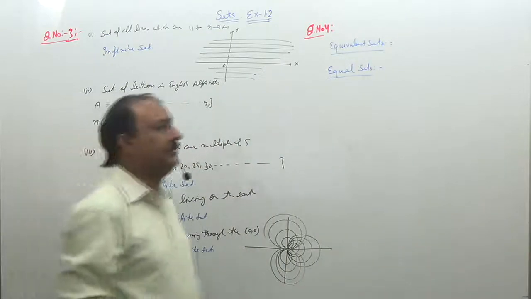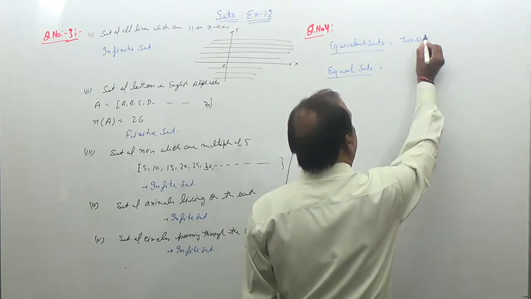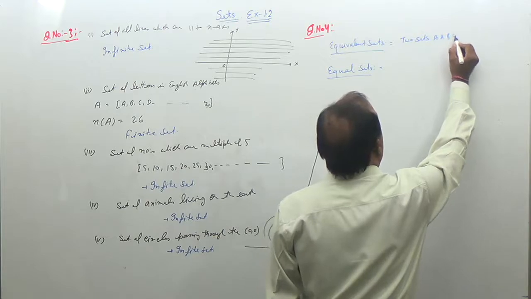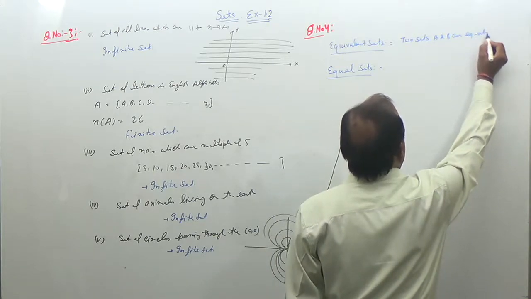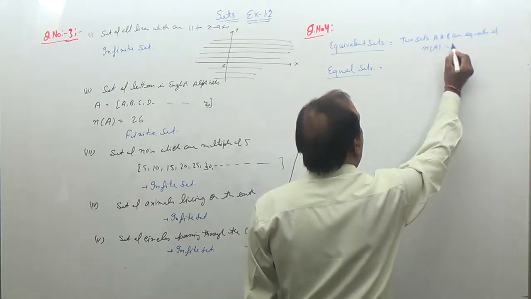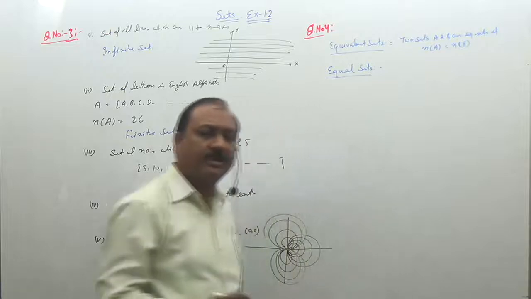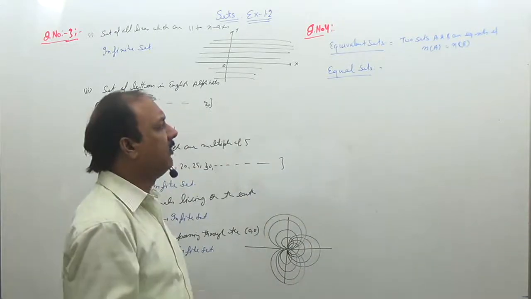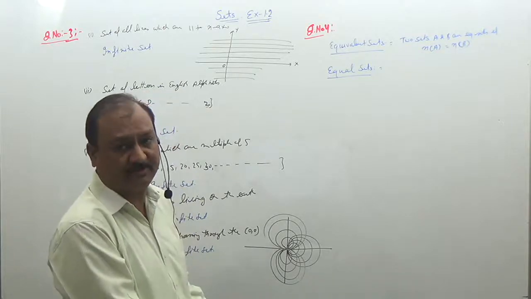Two sets A and B are equivalent sets if the number of elements in set A is equal to the number of elements in set B. Two sets are called equivalent sets if both the sets have an equal number of elements.